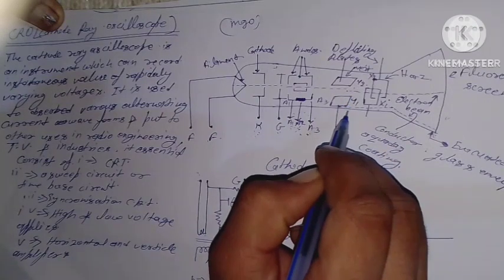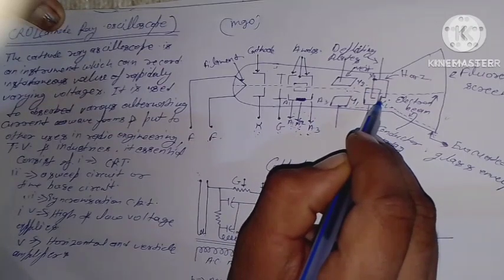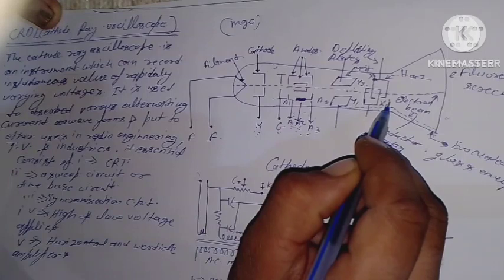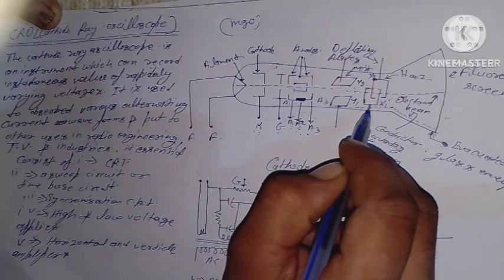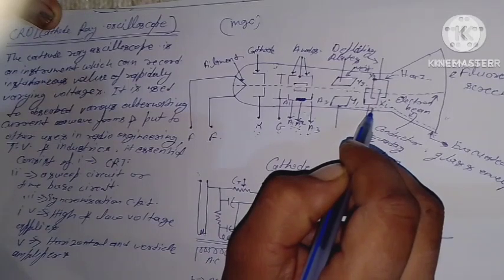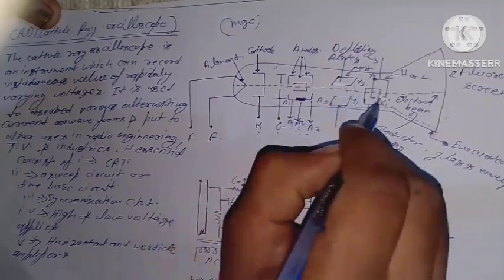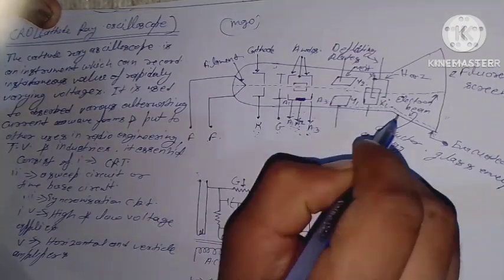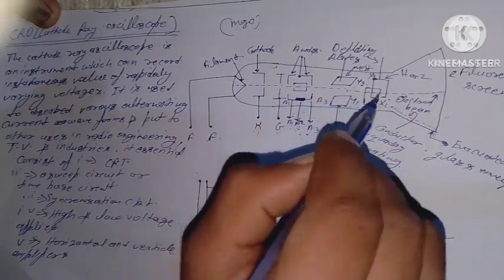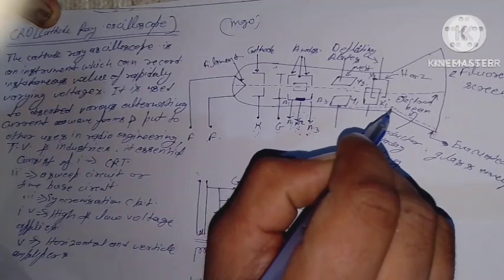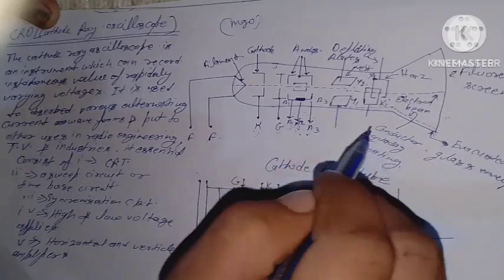The plates X1 and X2 are vertical, and an electric field in the horizontal X direction is set up. When a potential difference is applied to these plates, the electron beam moves from left to right, or right to left, according to the polarity of the plates.